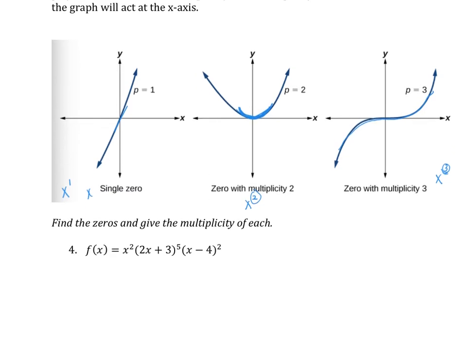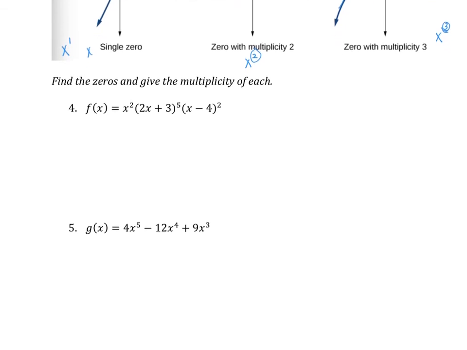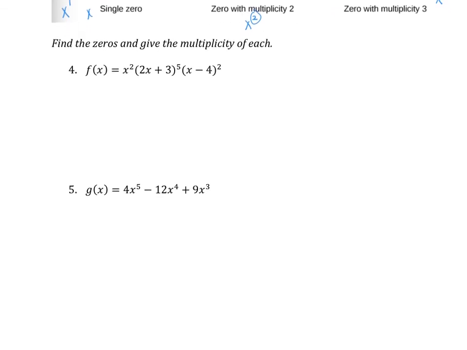So let's look at some of these. Find the zeros and give the multiplicity of each. So the first thing we need to realize is if it says find the zeros, this is the same thing as x-intercepts.